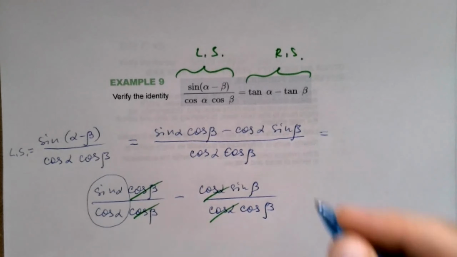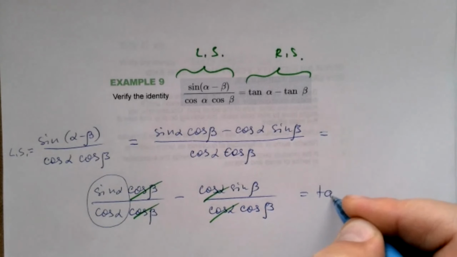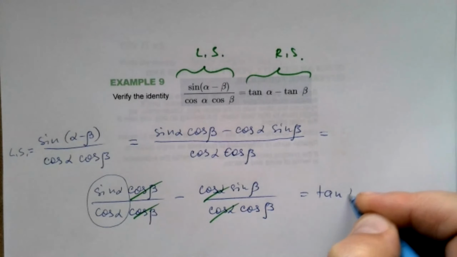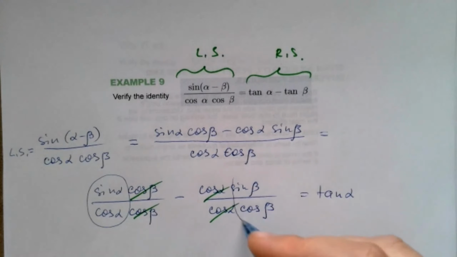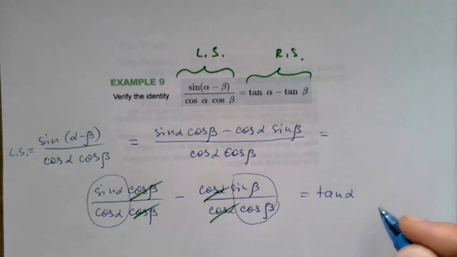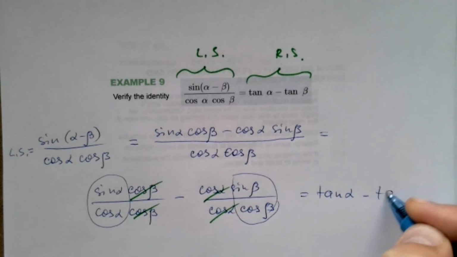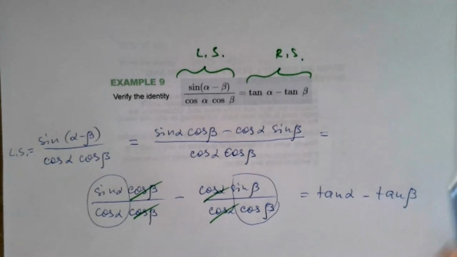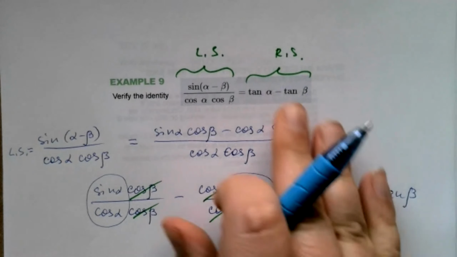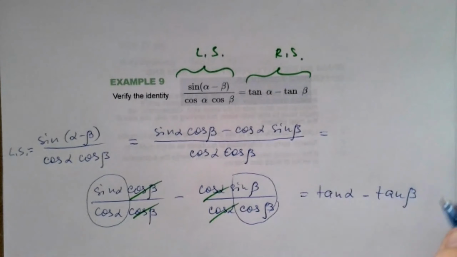Well, this obviously is tangent alpha, and this is tangent beta. And that exactly equals the right side of my identity. So yes, it is an identity. We proved it.